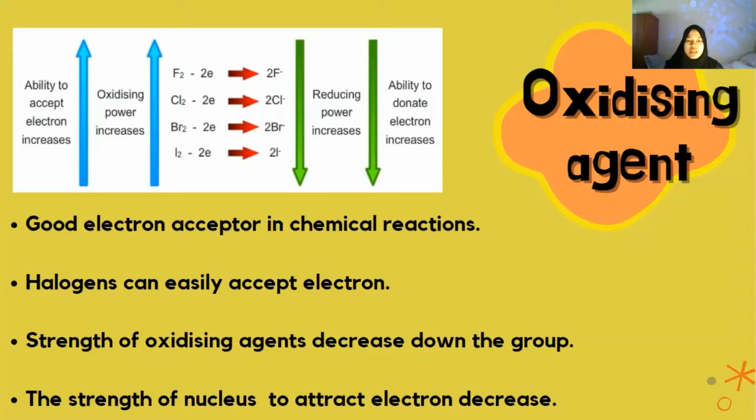This is because the strength of the nucleus to attract the valence electron is decreased by the increasing screening effect of inner electrons. As you can see in the figure here, the highest oxidizing power is at fluorine and the lowest is at iodine.